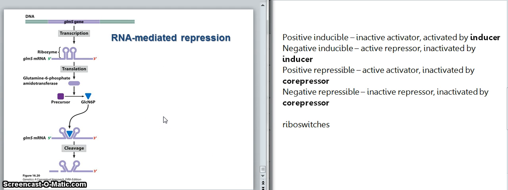Also, you can get RNA-mediated repression, where parts of the RNA can act as a ribozyme, such that it interacts with a protein and induces cleavage in its own self-destruction. So this is regulation past transcription.